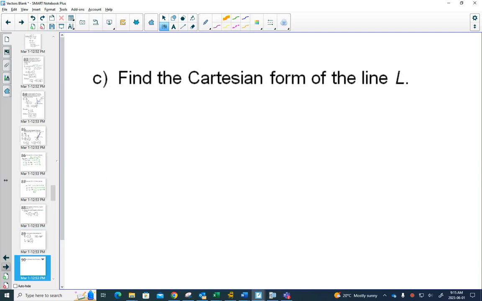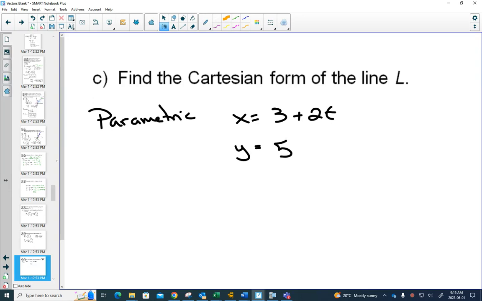And finally, it says, find the Cartesian part. So first, to find the Cartesian, we start with the parametric, which is looking at the x value. Then for the Cartesian, you solve for t.